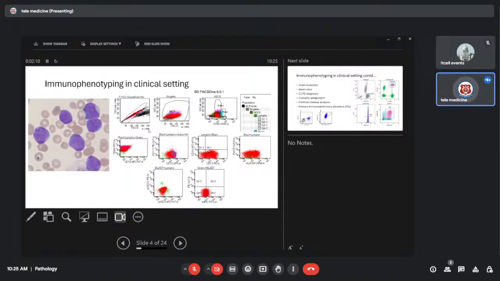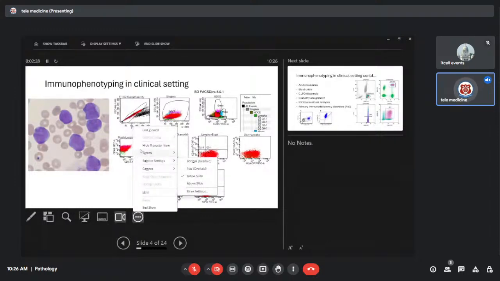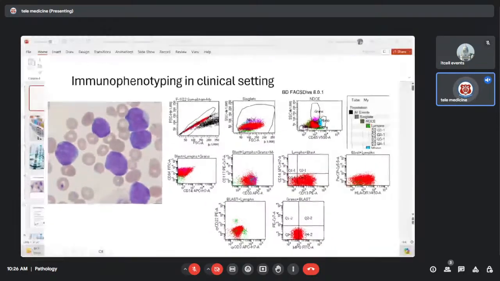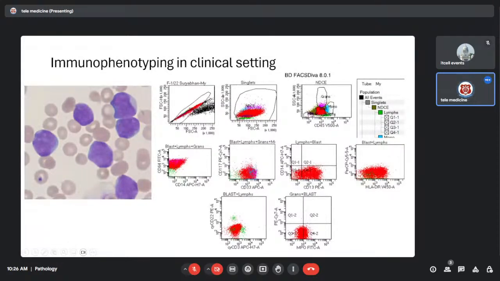Looking at a morphology slide, can you say whether this is myeloid or lymphoid? No. So you need flow cytometry, or at least immunophenotyping. Here with CD33, HLA-DR, MPO positive, it is myeloid.